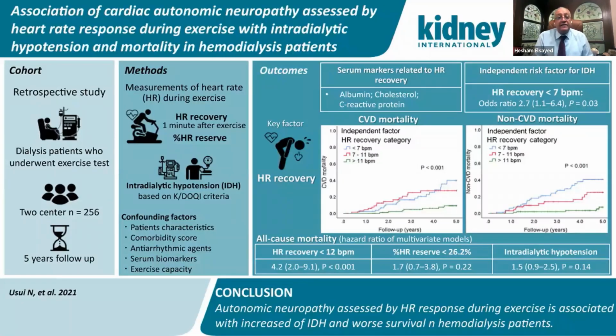Many studies on that, retrospective, in many centers with five years follow-up: autonomic neuropathy, like in diabetics or long-term dialysis patients, especially on low flux, not on high efficiency or high flux dialysis, and a blunted heart rate response during exercise are associated with an increase in intradialytic hypotension and worse survival in hemodialysis patients.